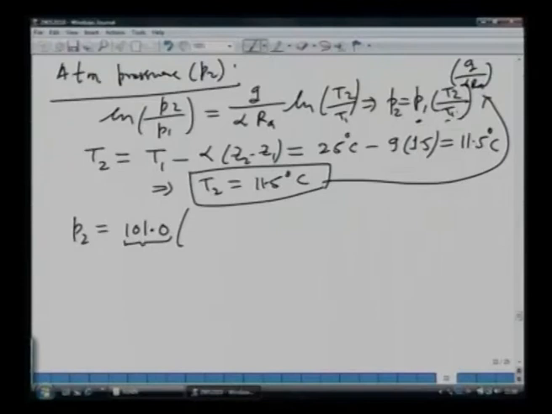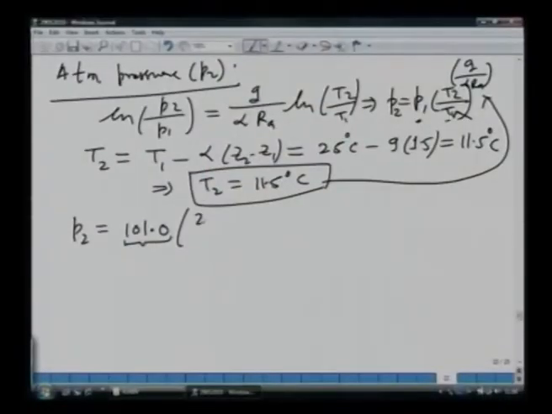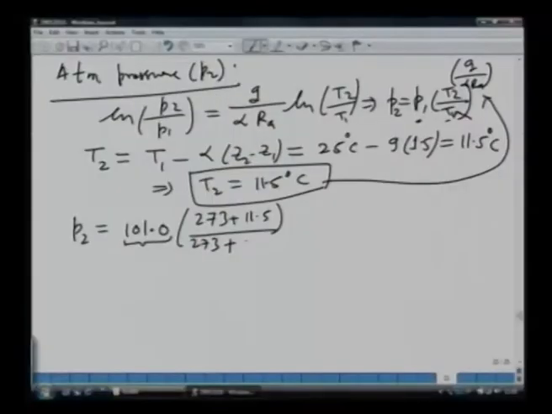Remember, in this equation T2 and T1 are in degrees Kelvin, so we have to be careful while choosing the units. So, you have 273 plus T2, which is 11.5 as we have just found out, divided by 273 plus T1, and T1 is the air temperature on the ground, which is given to us as 25. This is in degree centigrade, so you have added 273.